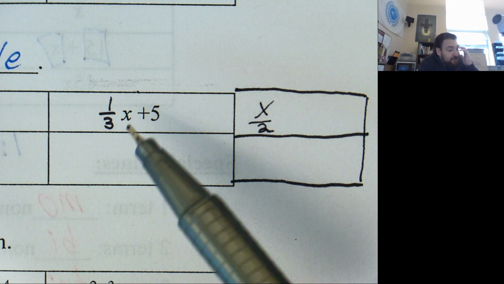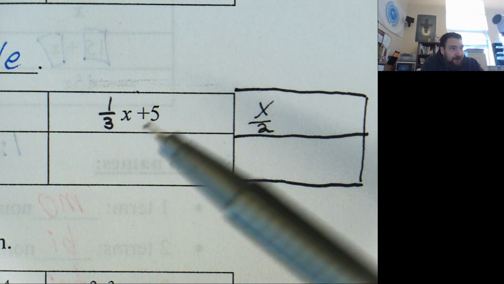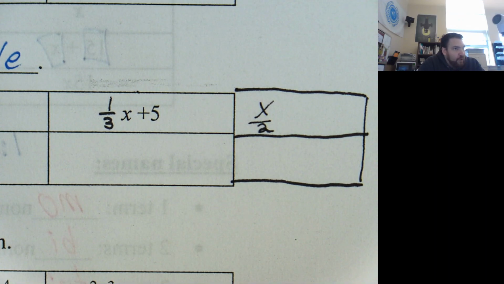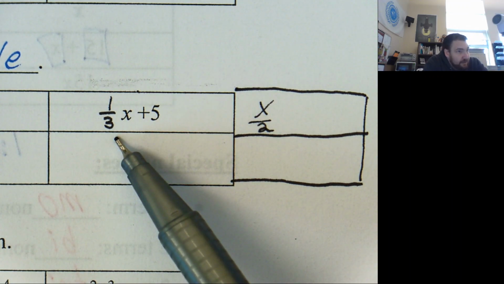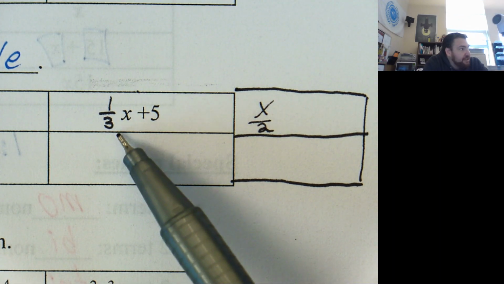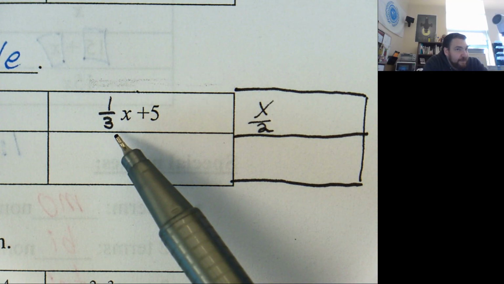So what's being multiplied in front of the x here? That number is 1/3. Fractions are numbers too, even though you hate them. What's the coefficient here on the 1/3x plus 5?